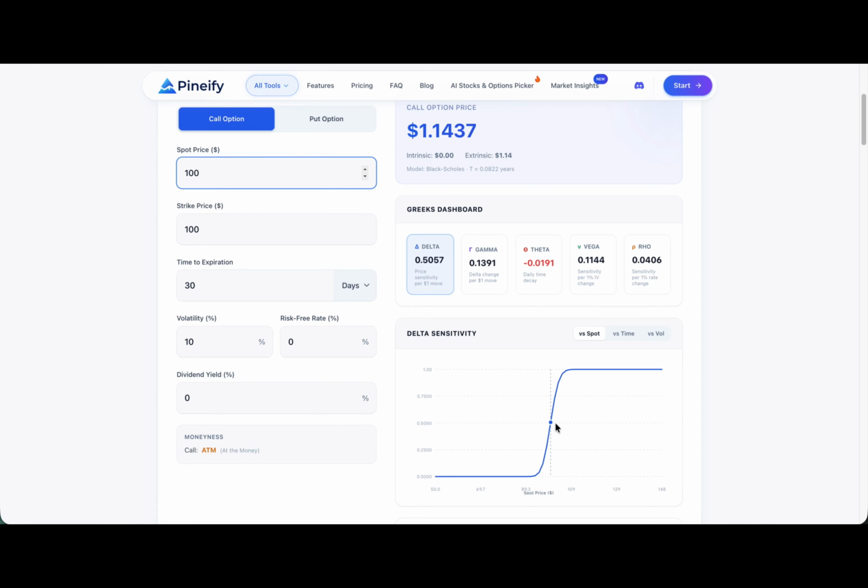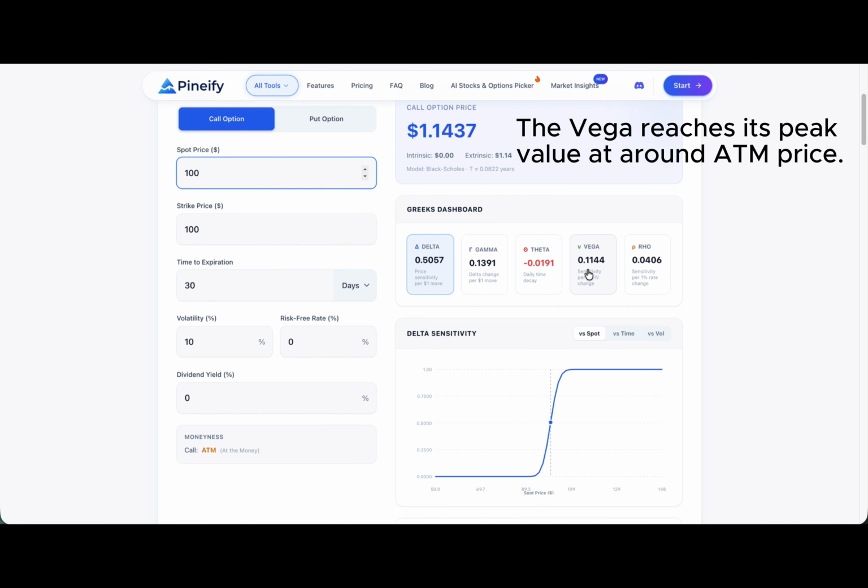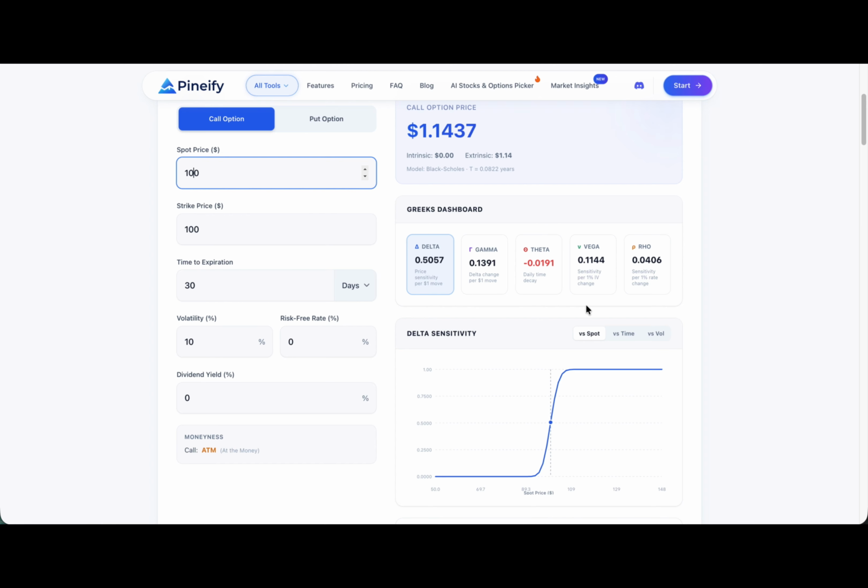At this moment in time, the option can go either way, can become in the money or out of the money very easily, and so that is the reason why, as we explained before, the gamma is at its highest, but the Vega also is significant, because any change in the volatility at this point in time can make the option go in the money or out of the money.